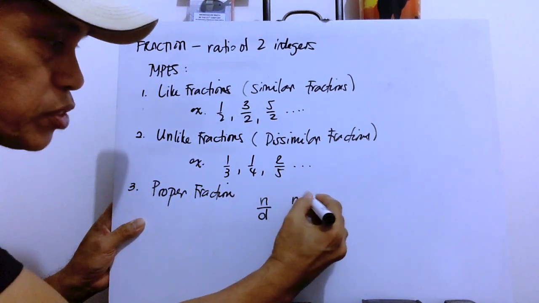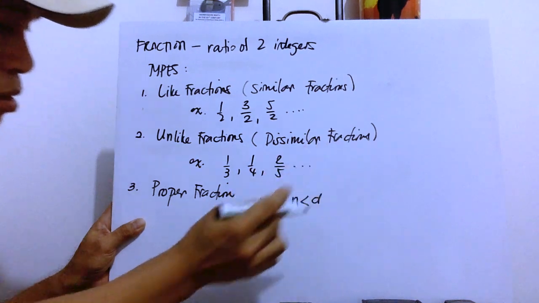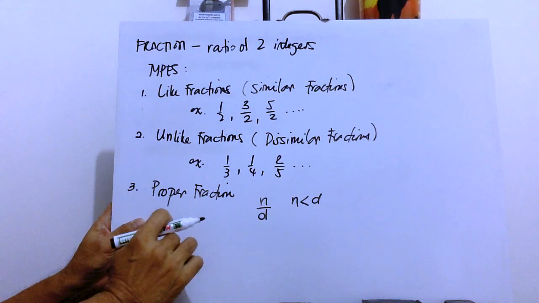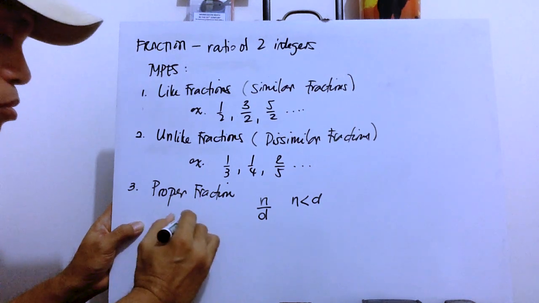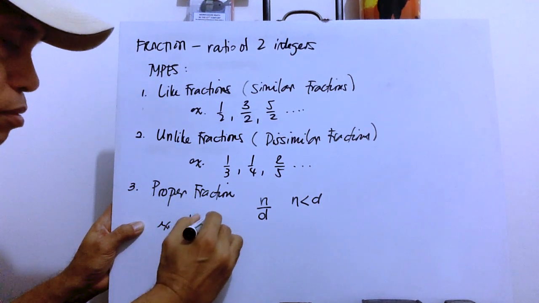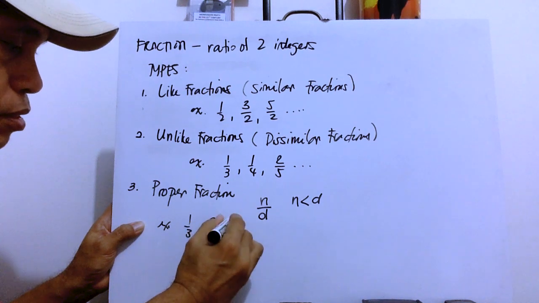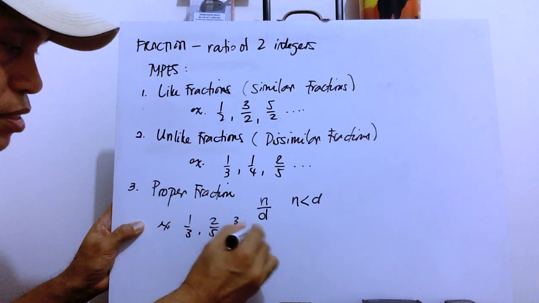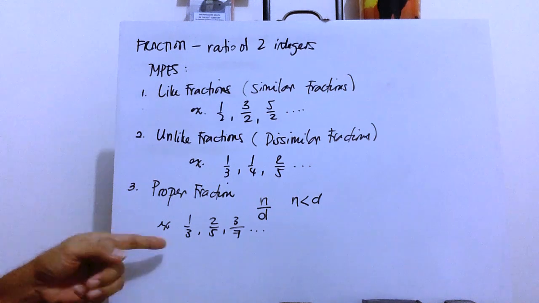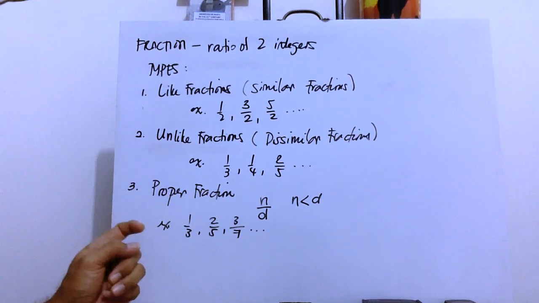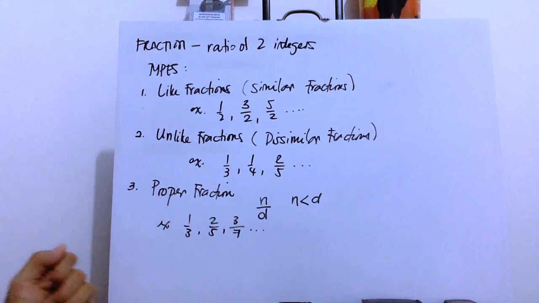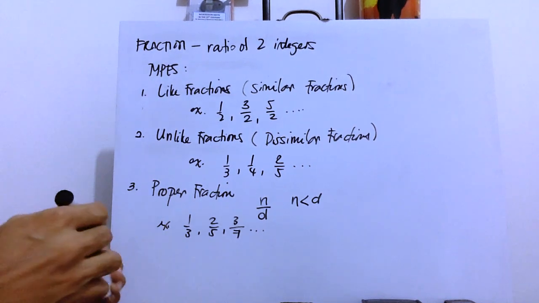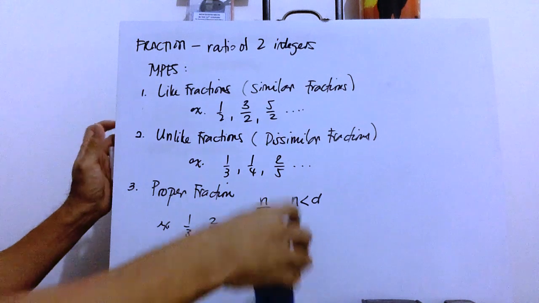When the numerator is less than the denominator, then it's considered a proper fraction. Example, 1/3, 2/5, 3/7. Notice that the numerators are less than the denominators. Okay? So let's erase this.